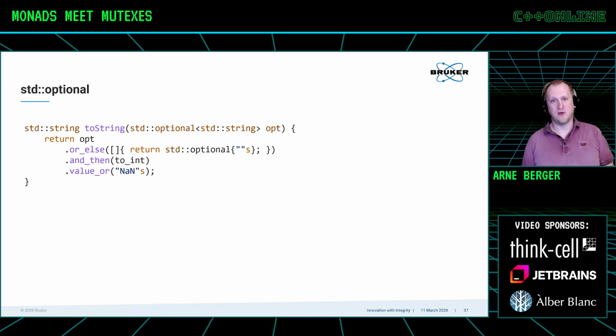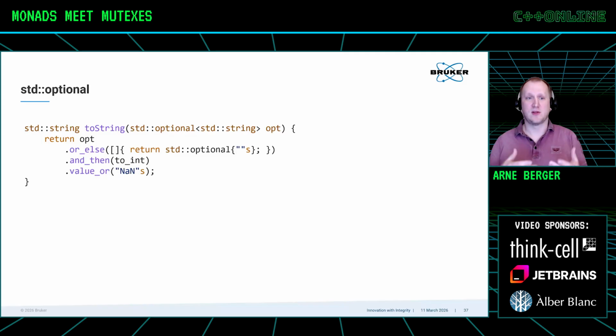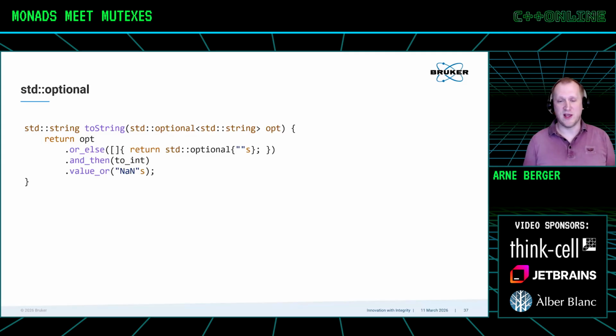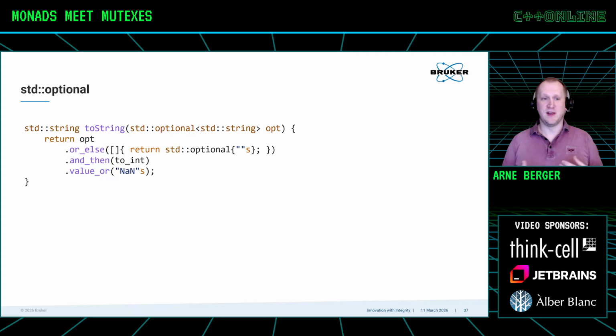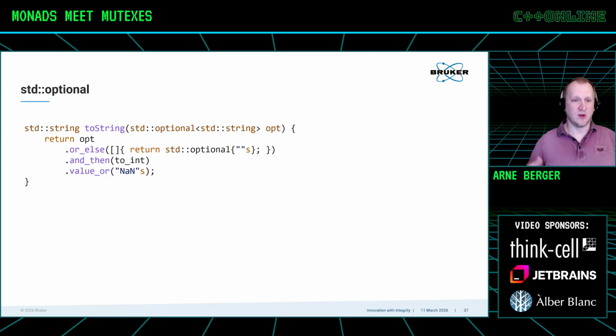So for example, here, if you have an optional from the STL, it's an optional value, it's there or not. And I want to call a function if it's not there. So I call the or else and then replace it with something in there. Then I call the transform that's just only called if the value exists.